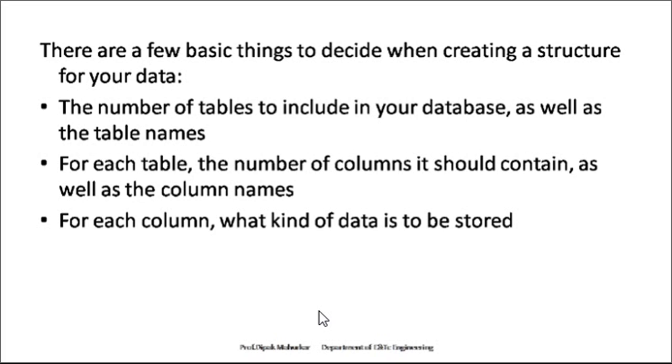Third, for each column, what kind of data is to be stored. I repeat again: the number of tables in your database and their names; for each table, the number of columns and column names; for each column, what kind of data is to be stored.